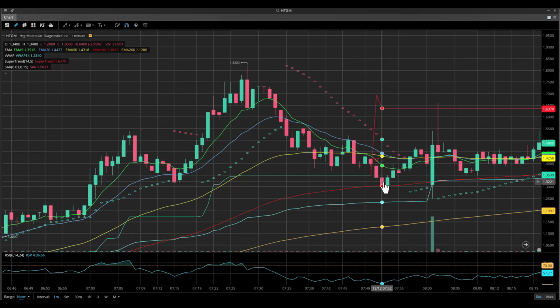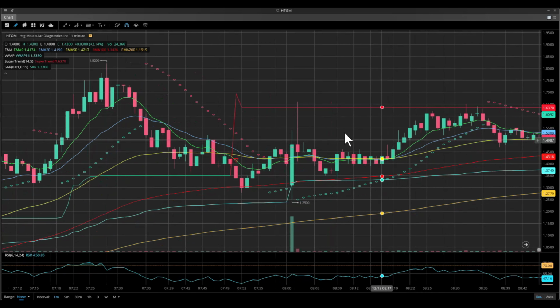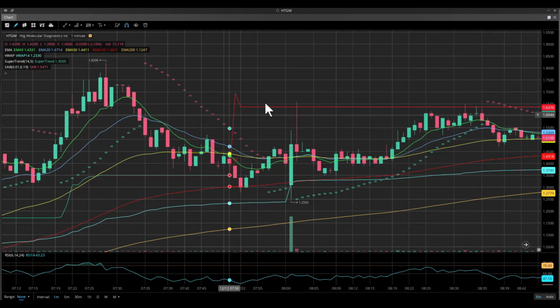Let me note this. Since super trend is red right here, if we are just looking at this chart, and let's say we see it at 819, and super trend is red, do not make an entry. All right, super trend is sort of like the magnet.